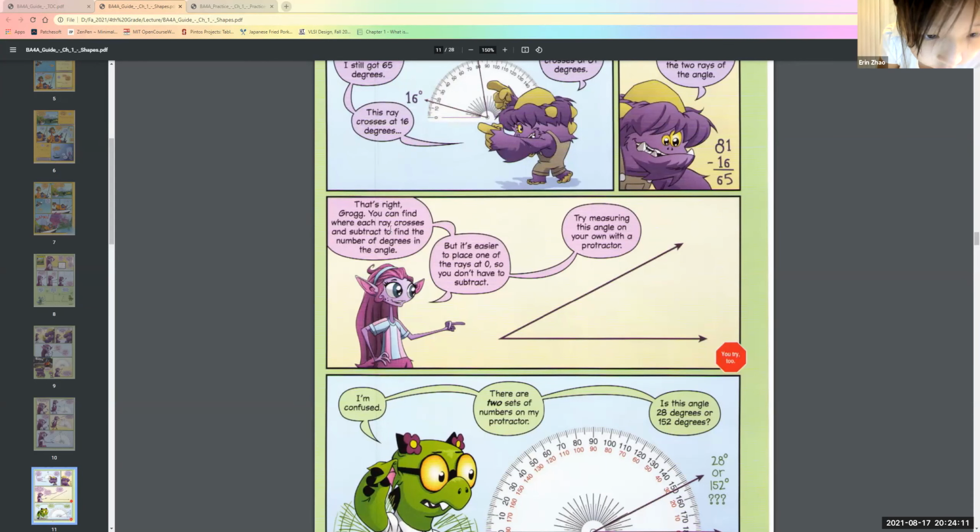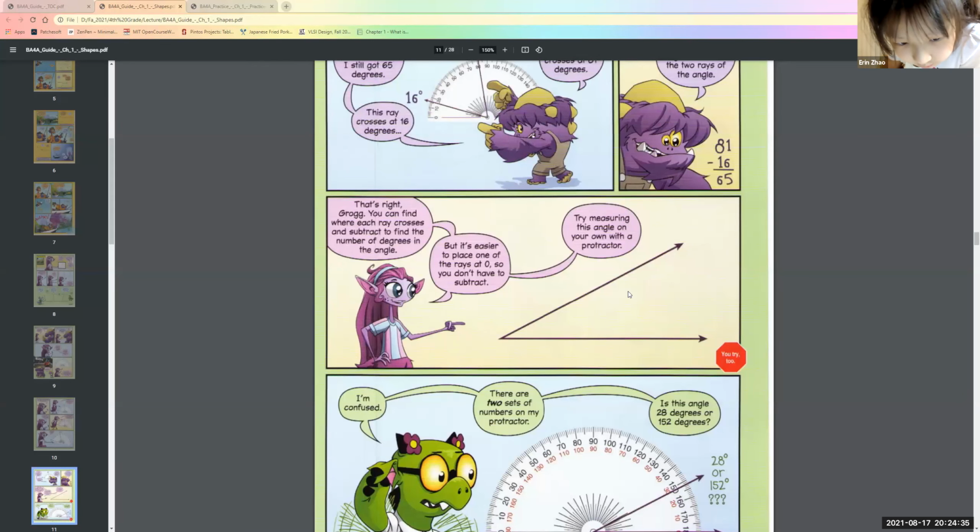That's right, Grog. You can find where each ray crosses and subtract to find the number of degrees in the angle. But it's easier to place one of the rays at 0 so you don't have to subtract. Try measuring this angle on your own with a protractor.